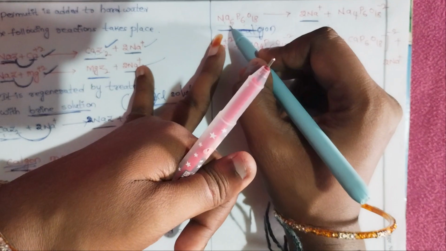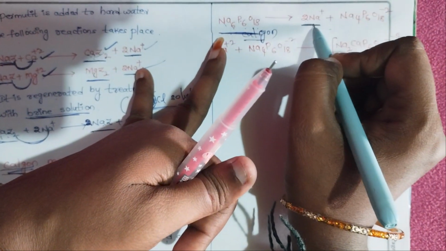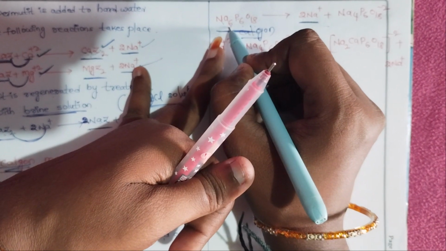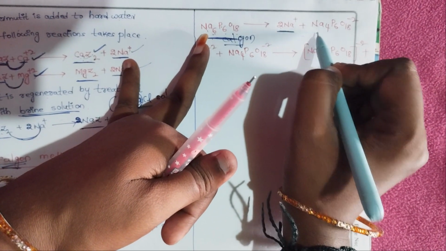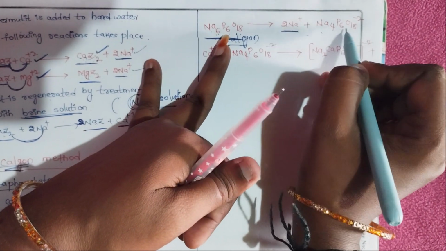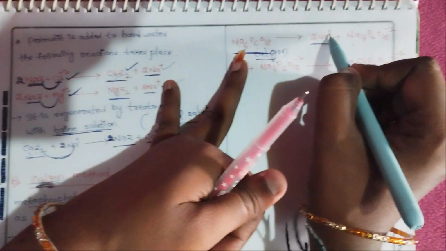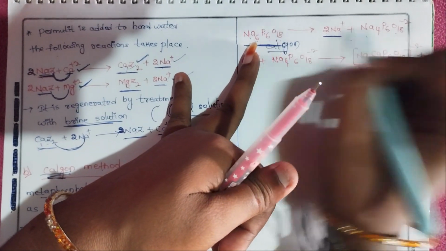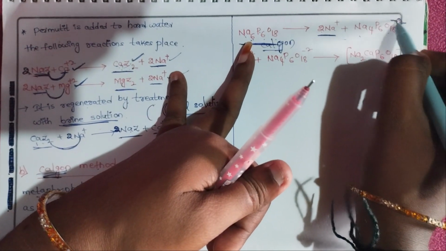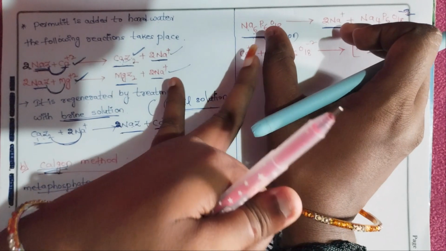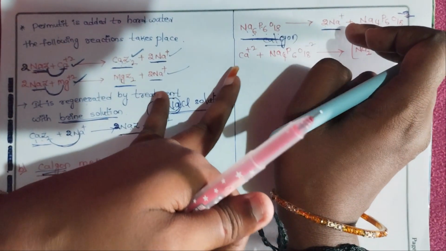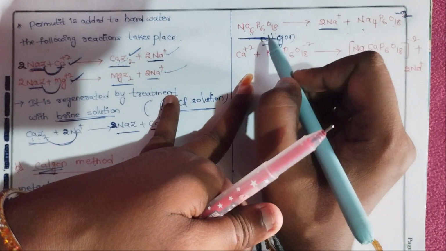By removing 2 sodium ions, how many sodium ions are present? 4. So we write the formula like this: Na4P6O18. How many ions did we remove? 2 ions. What is the charge occurring in this? -2.